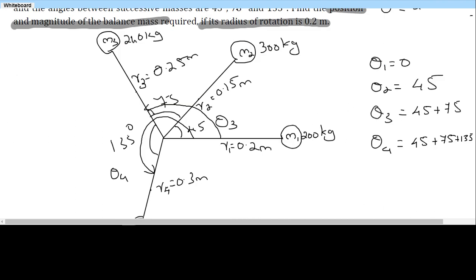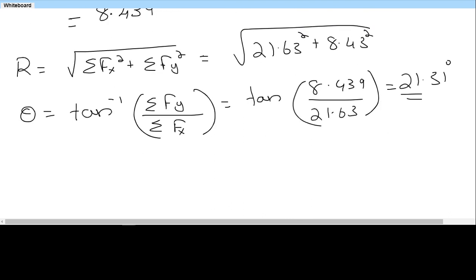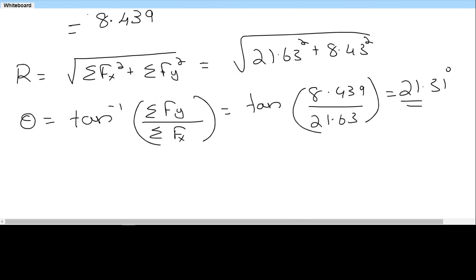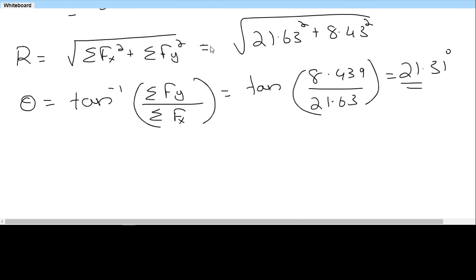So we have the resultant force, that is the force that the balancing mass should counter, that is R. So R is known. R is equal to the force to be balanced. Resultant will be the force to be balanced.